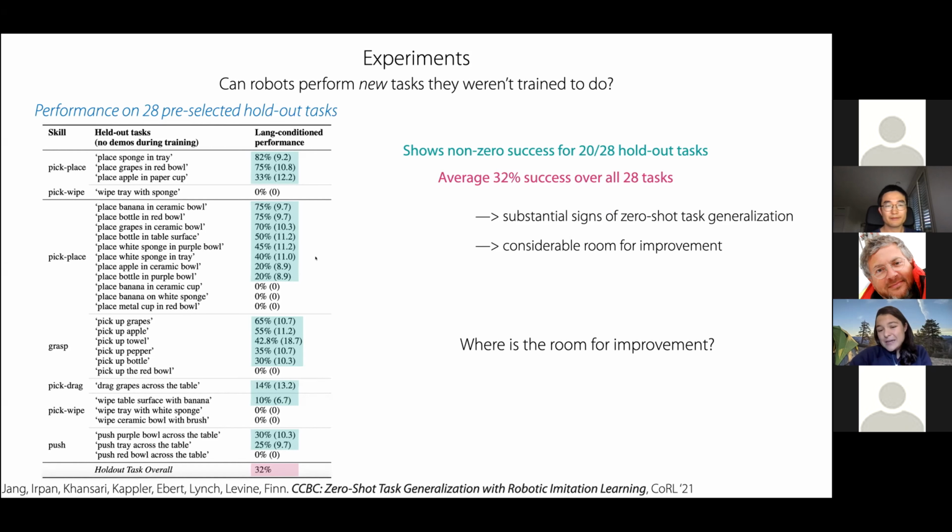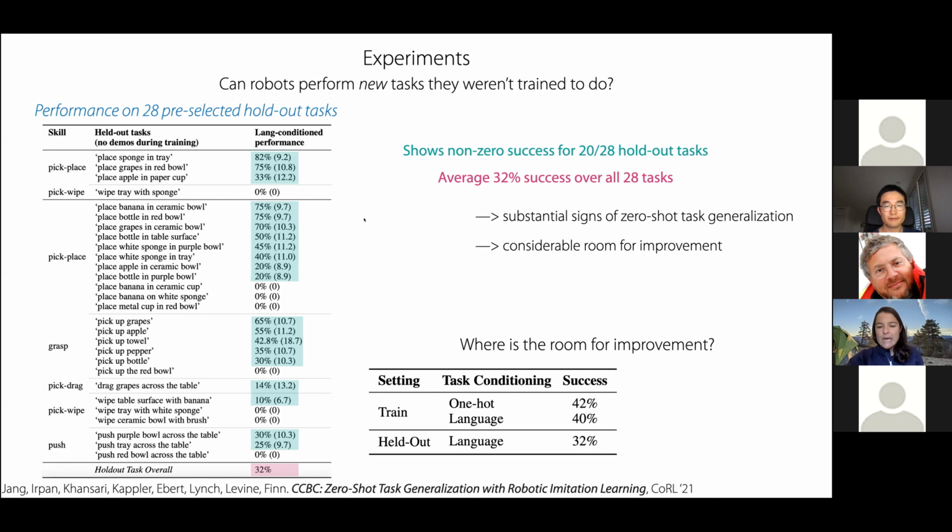One last question we looked at is, where is the room for improvement? I mentioned these 3 different aspects of things that the robot has to do. Which part of the system is the robot struggling with? What we can do is evaluate the robot on some of the training tasks, as well as the held out tasks.